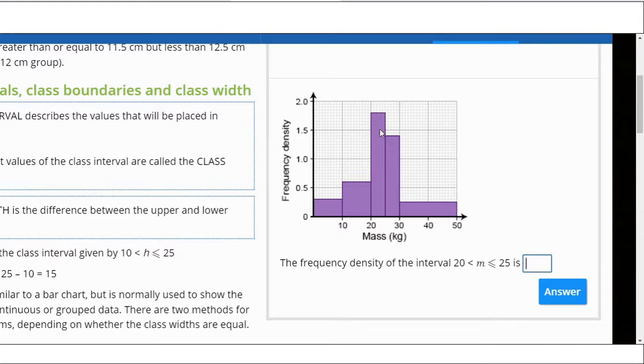So no need to find the width. It's around 1.8 maybe, yeah.